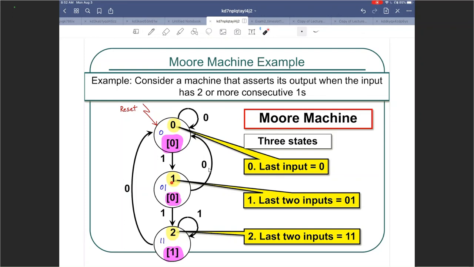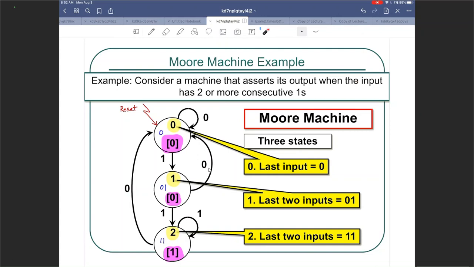If you get a new 0, like I said, 1 0 is actually got 0. So you go back to that original, the previous state where your output is 0. But if you get a 1, then you move down to state 2, which is got 1 1, and your output becomes a 1.